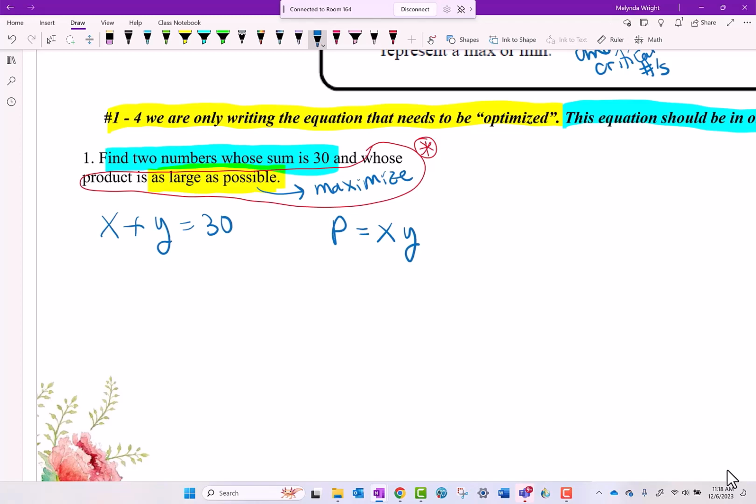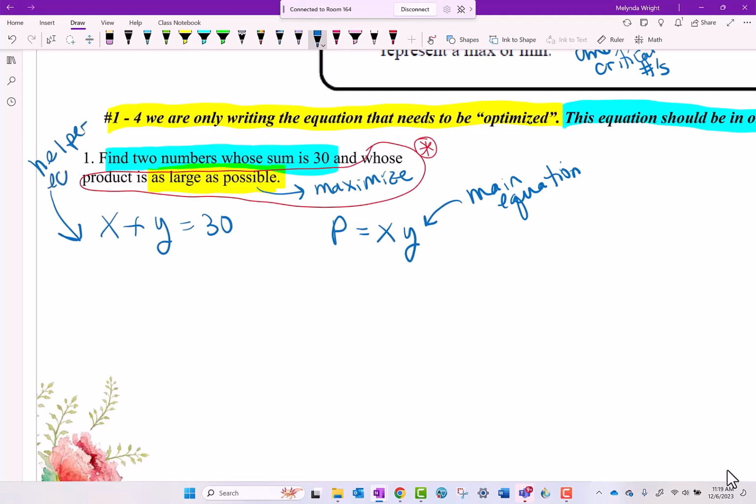Okay, so this is the main equation. This is the one we're going to optimize. So that makes this one our helper equation. This is our helper equation. We must need it for something.